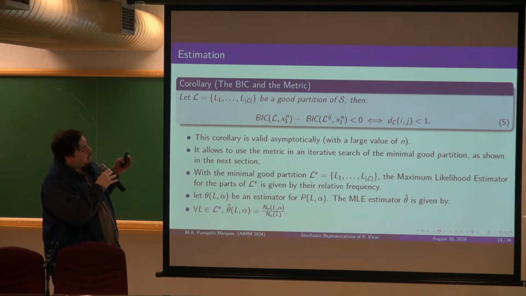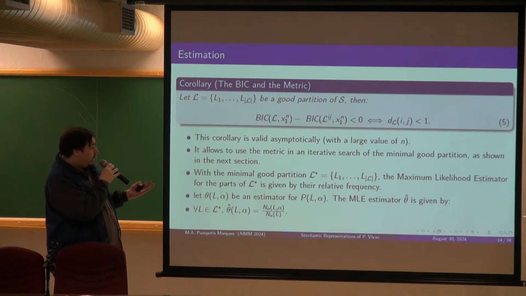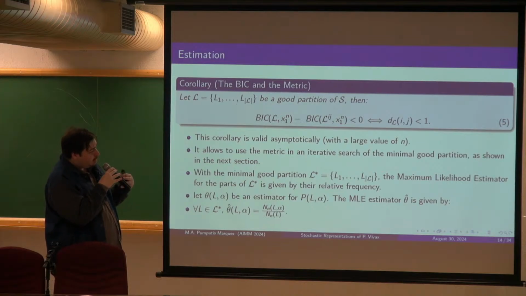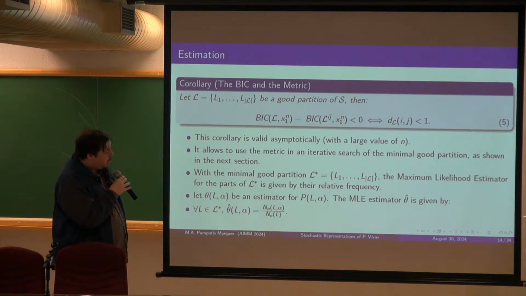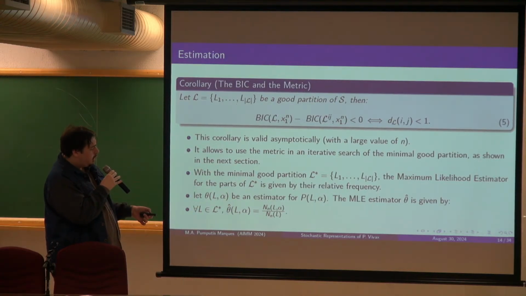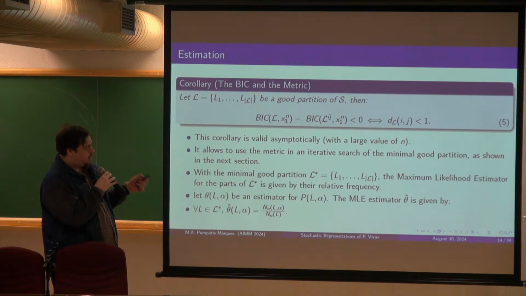So now that we have defined all these things, we can use the metric in an iterative search and find the minimal good partition asymptotically, right? So if we assume that we have this minimal good partition, we can then find the maximum likelihood estimation in a very simple way, because it's just going to be the relative frequency of the parts in the minimal good partition.